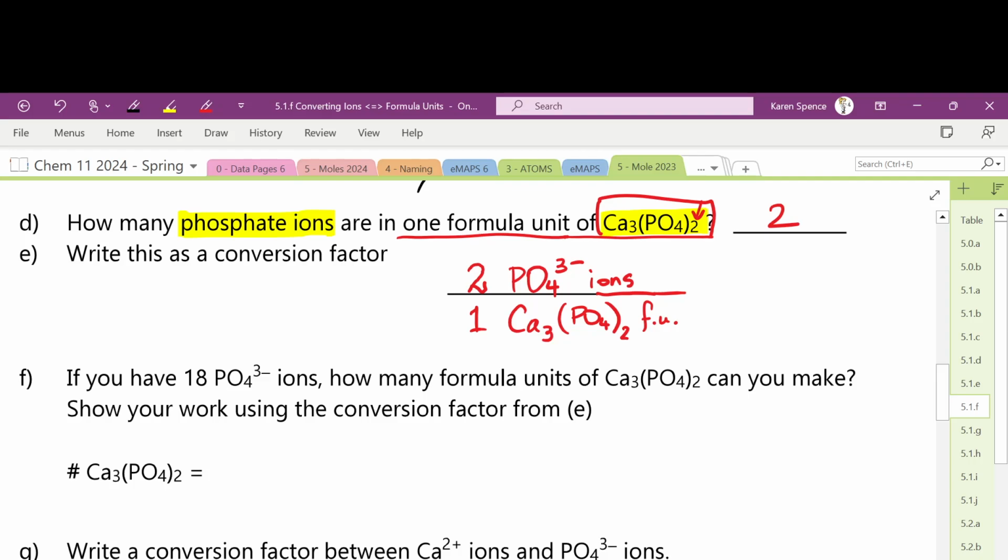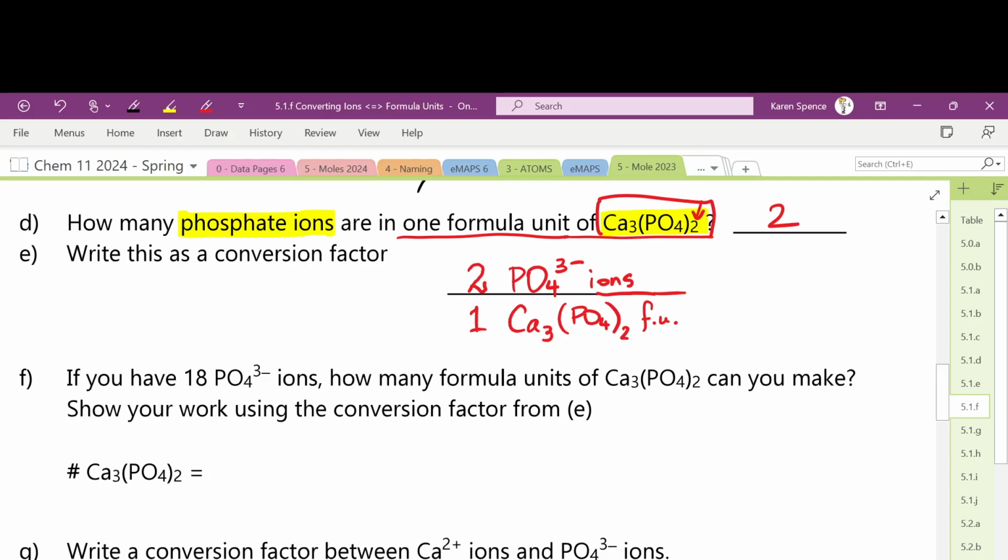Oh my gosh. So I will add for the calcium. Okay.